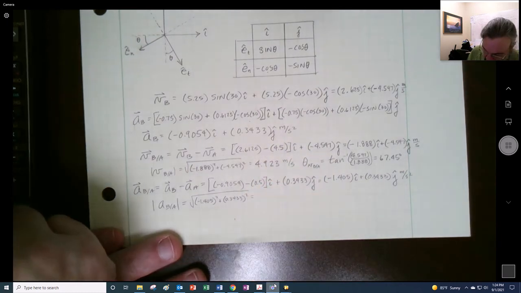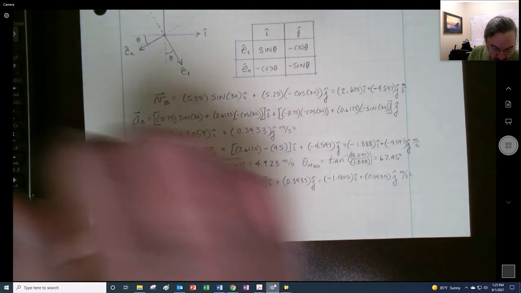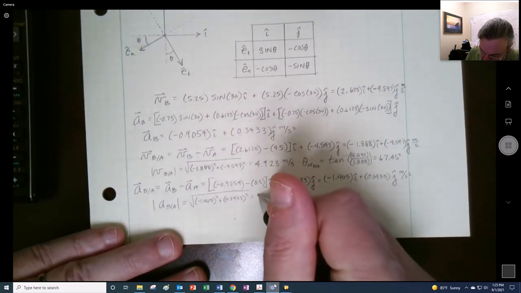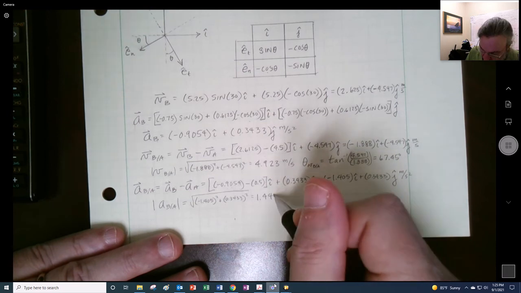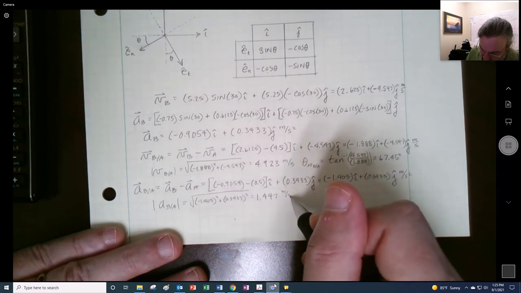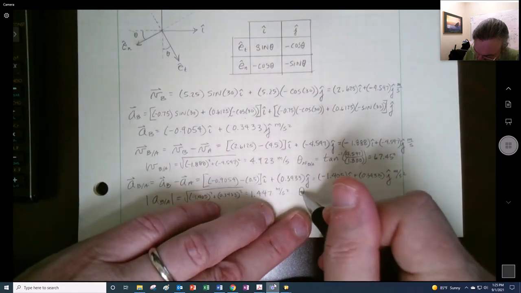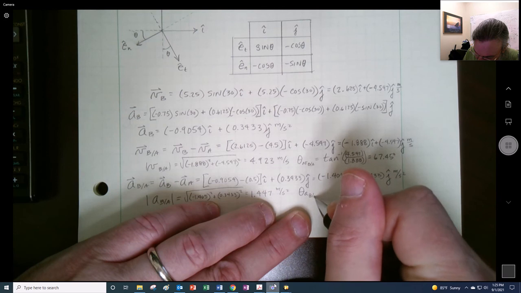So do I have those both in there? I do. Okay. So that ends up being 1.447 meters per second squared. And then we call this theta, I call it A, B with respect to A.